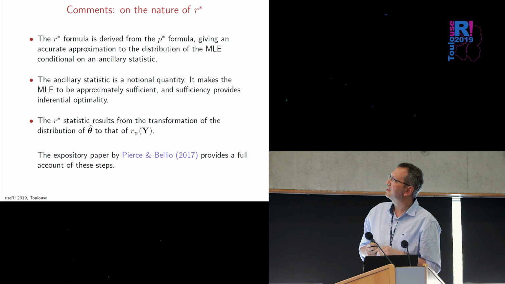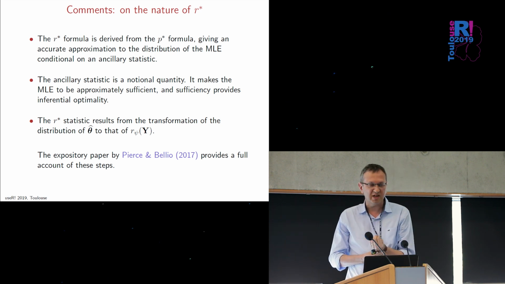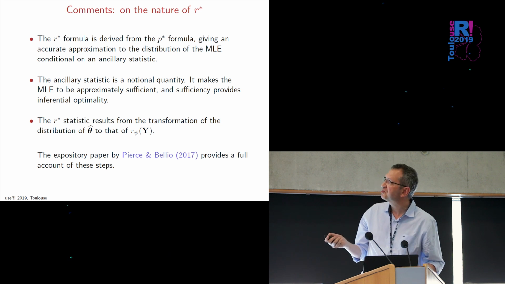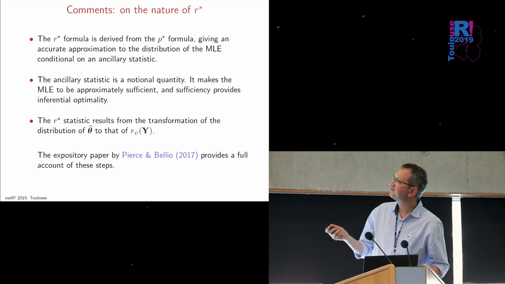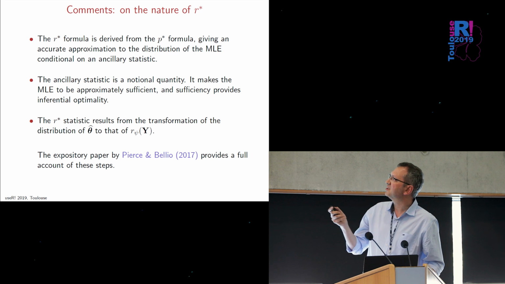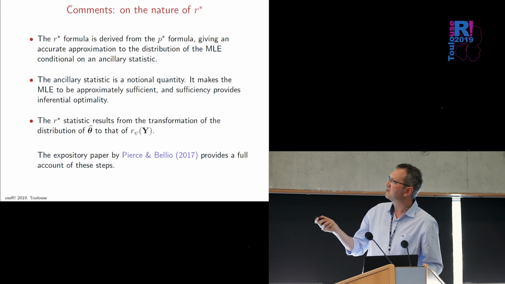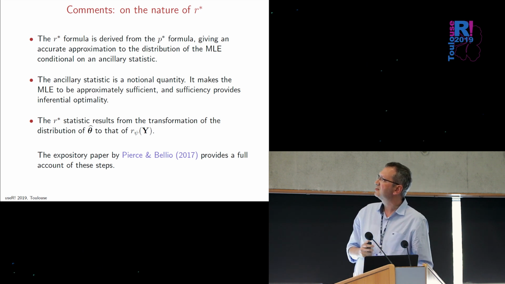A key theoretical result is the so-called r star formula, which is an approximation to the distribution of r. The probability that r is less than a given value can be approximated by the standard normal CDF evaluated at a certain statistic r star.